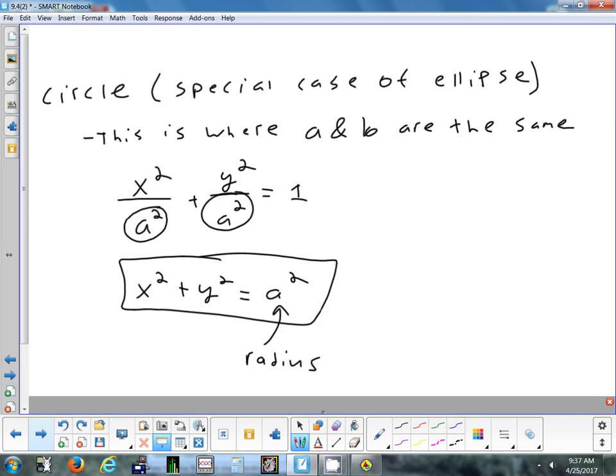That number is your radius. Okay, so that's all that a circle is. It's take the equation for an ellipse and make both numbers in the bottom of the fraction the same. And for some reason, they usually move it to the other side. They don't set it equal to 1.